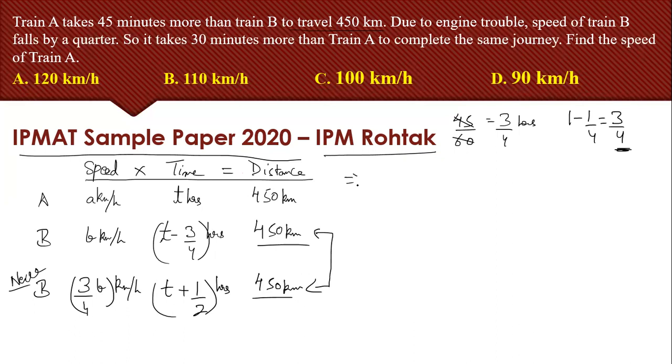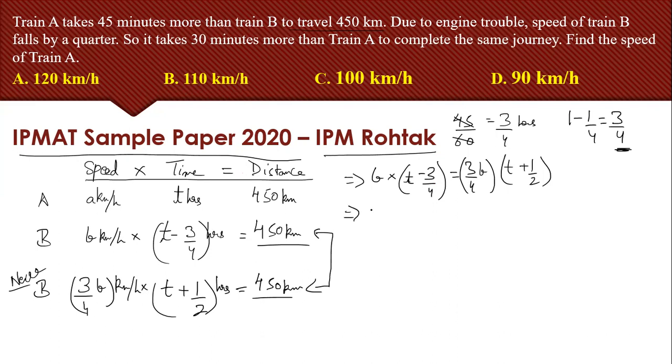So I can write B into T minus 3 by 4 equals to 3 by 4 B into T plus 1 by 2.